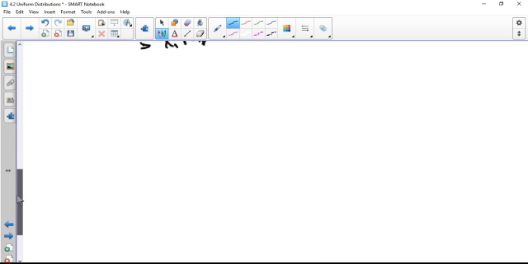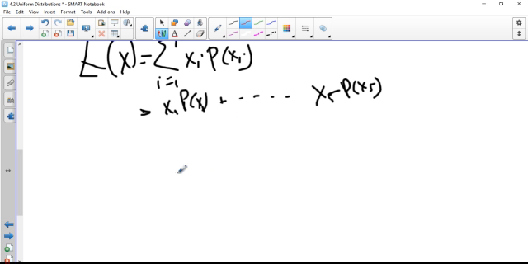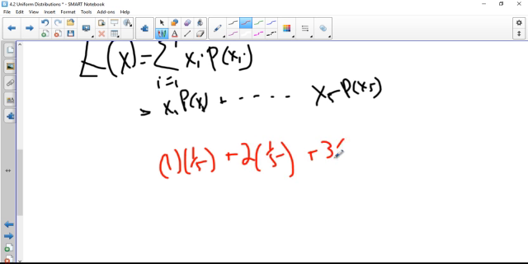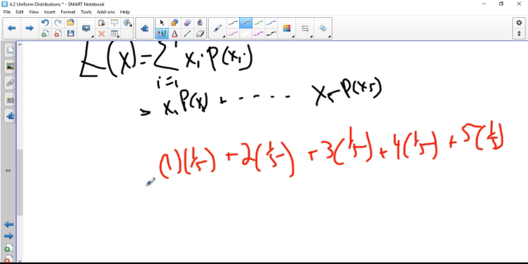So the probability of, we're going to fill this in. We've got 1 times 1/5 plus 2 times 1/5 plus 3 times 1/5. So we're going to add all these up. Now, notice that each of them is multiplied by 1/5.